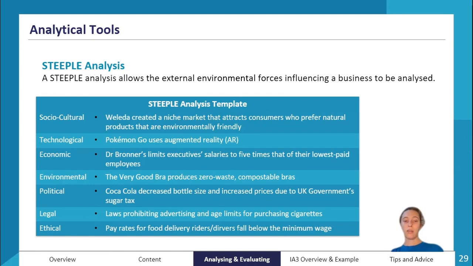So it has a strategy where it limits its executives' salaries to 5 times that of the lowest paid employees.